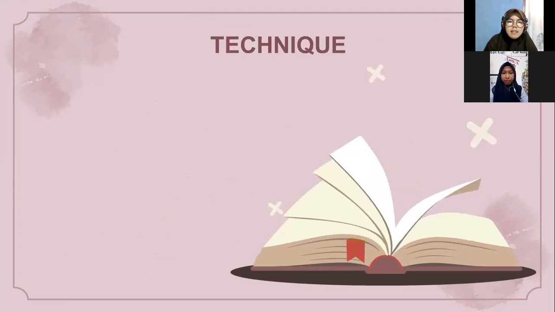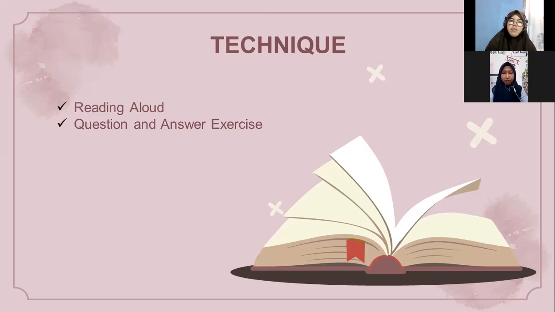And then technique. There are some techniques that can be used in this method. The first one is reading aloud, and then question and answer exercise, and getting students to self-correct. Self-correction is done by asking the student to make a choice between what they say and the alternative answers.